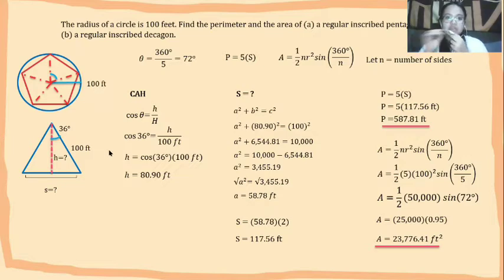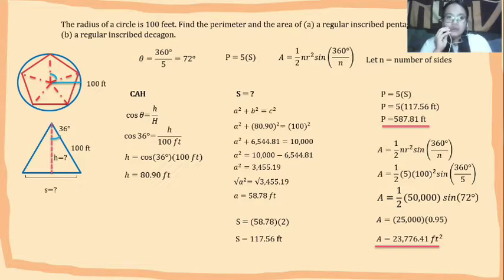The radius of a circle is 100 feet. Find the perimeter and the area of A, a regular inscribed pentagon, and B, a regular inscribed decagon. First, let's solve letter A, a regular inscribed pentagon. A pentagon is a polygon that has 5 sides.